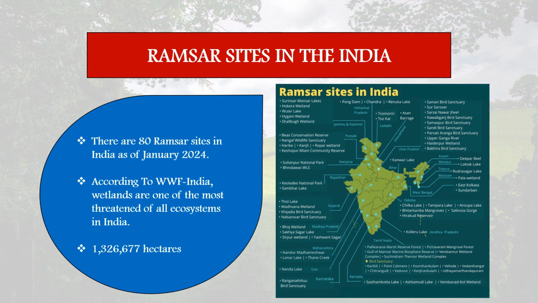Then we have Beas Conservation Reserve, Nangal Wildlife Sanctuary, Harike, Kanjli, Ropar Wetland, Keshopur, Miani Community Reserve from Punjab. So there are so many Ramsar sites you can see from here.